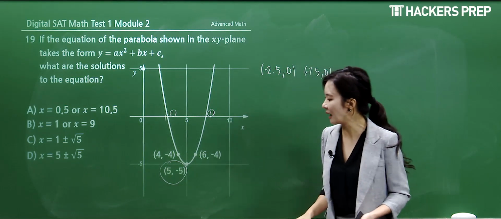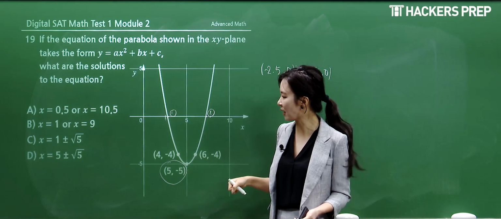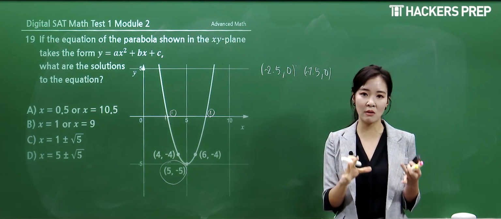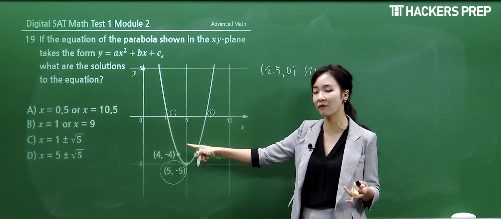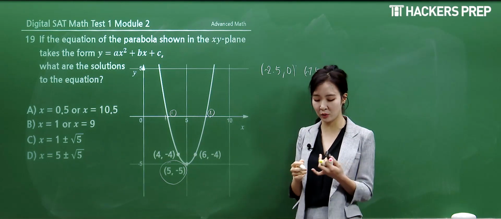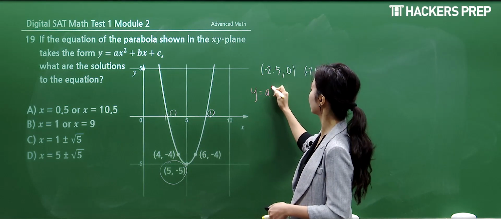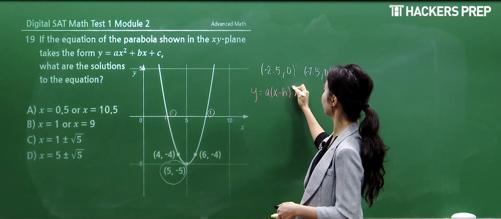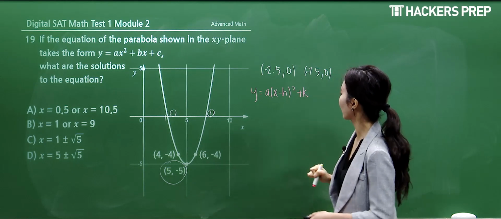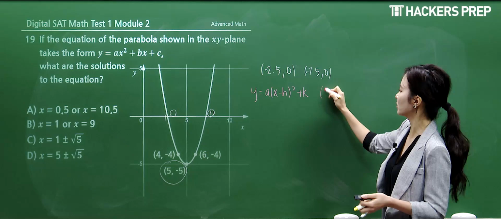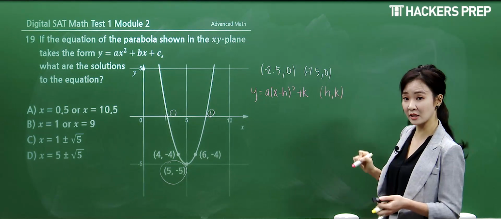In this case, we have the vertex, which is 5, negative 5, okay? So if the vertex is 5, negative 5, we can probably use a generic form of the parabolic graph to find the actual equation, and that is going to be y equals a times x minus h squared plus k. Okay, that's the generic form that you can memorize, and h, k is going to be the vertex of the parabola.